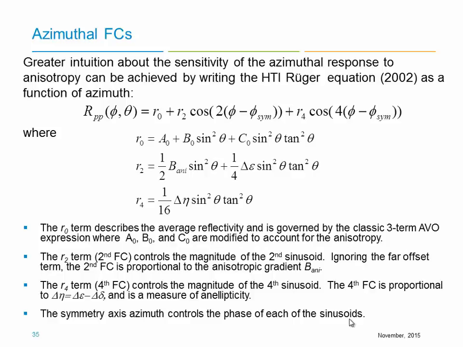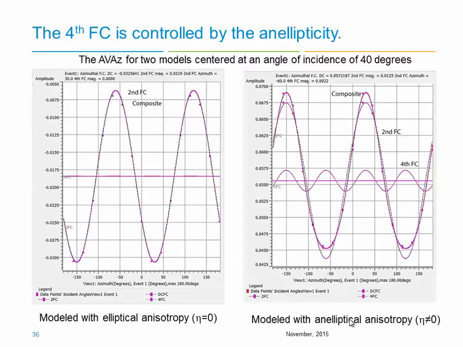So this is describing how elliptical the media is. And there's a certain nice symmetry to that, because when we do our NMO expressions, it's anellipticity which controls the long offset NMO. And then the second Fourier coefficient here, it's largely at the near offsets controlled by the anisotropic gradient, which we saw previously in the Ruger equation.